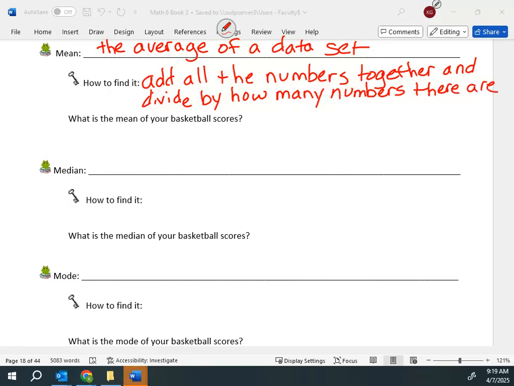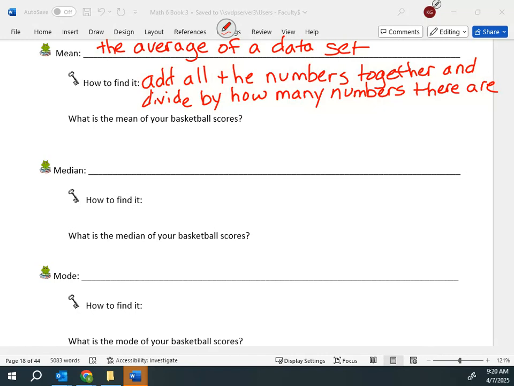So if we add all of those numbers up together for our basketball scores, what is the total of basketball scores? So add all 9 of those numbers up, 27 plus 23 plus 22 plus 32 plus 22 plus 15 plus 25 plus 28 and plus 22.